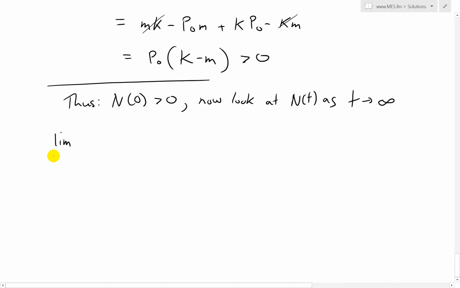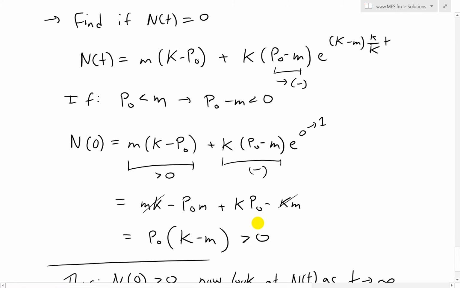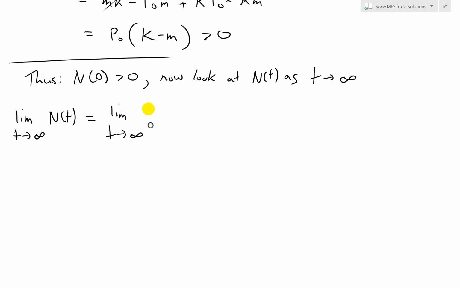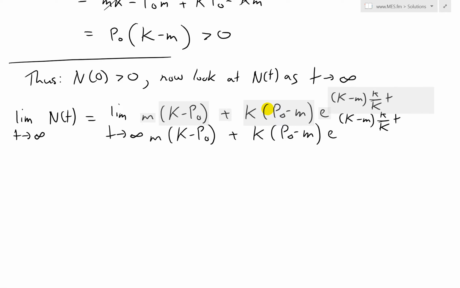So basically, limit as t approaches infinity of n of t is equal to limit as t approaches infinity, and now this entire thing right here, I'm just going to highlight this and copy and paste it to save some time in the writing.